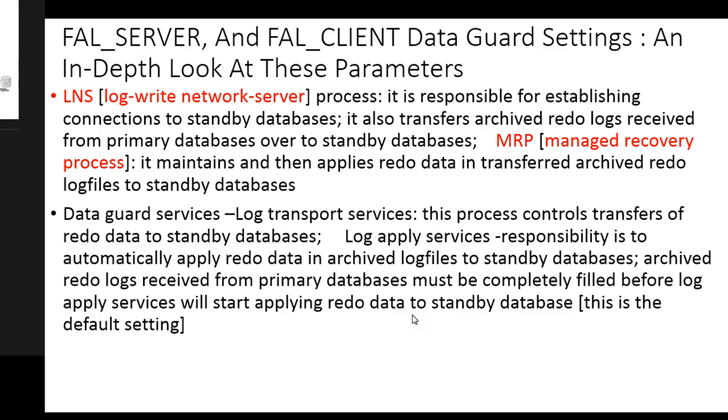So when you have archive redo log files on the primary database, this process ships those archive redo log files to the standby database, which would then eventually apply the redo data to bring that standby database to a consistent state.